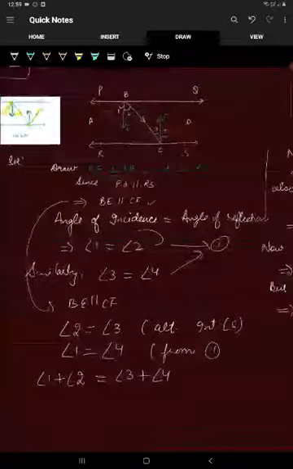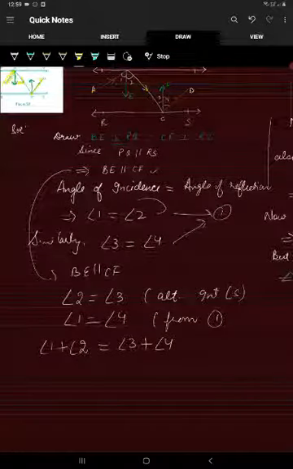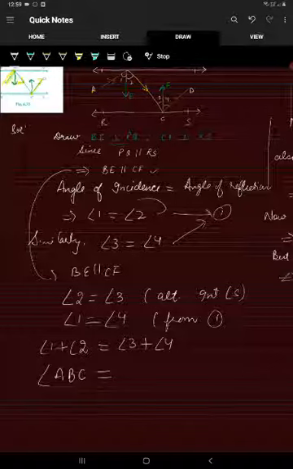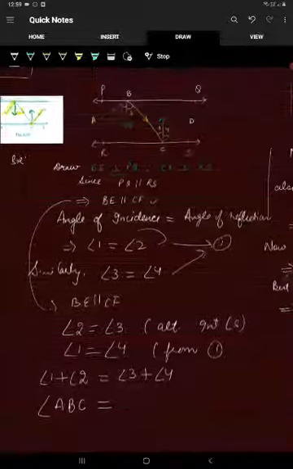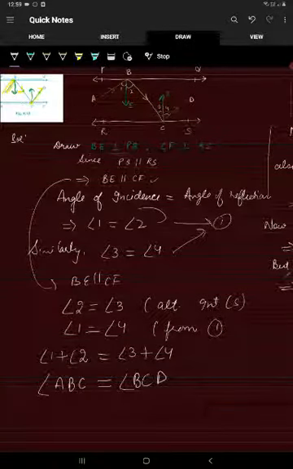Now angle 1 plus angle 2 together form angle ABC, so I can replace angle 1 plus angle 2 with angle ABC and angle 3 plus angle 4 with angle BCD. So angle ABC and angle BCD are equal.